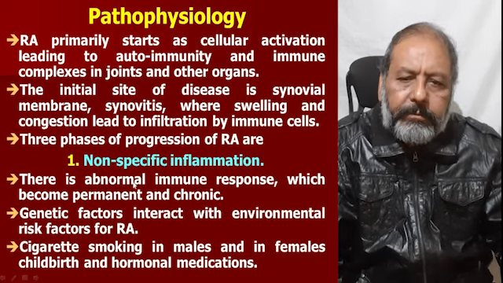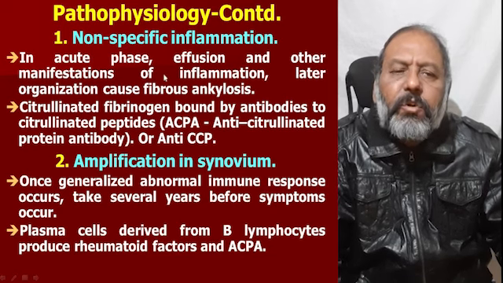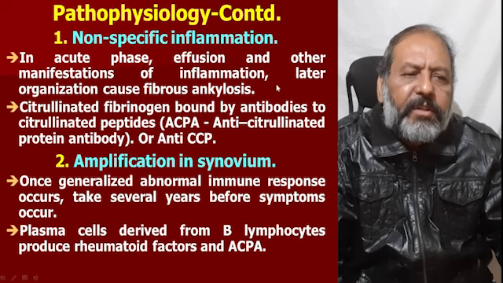Cigarette smoking in males, and in females childbirth and hormonal medicines, are responsible for the pathophysiology. Now, non-specific inflammation, as I have told you already, in the acute phase, has effusion and other manifestations of inflammation.